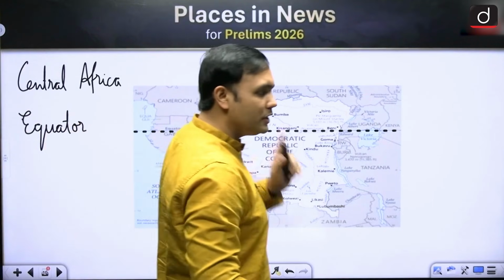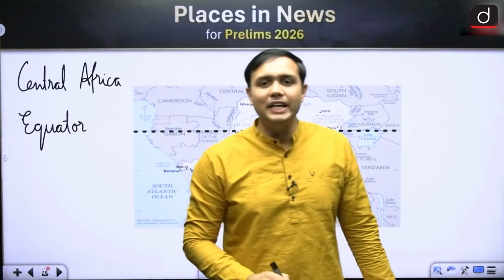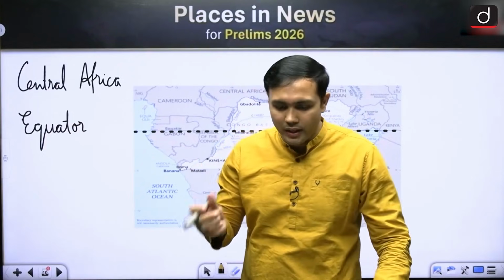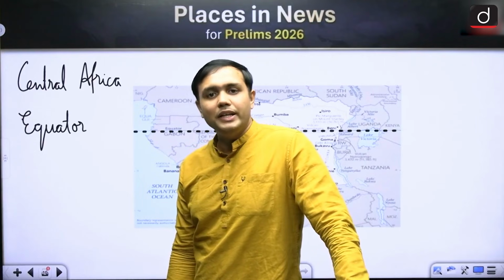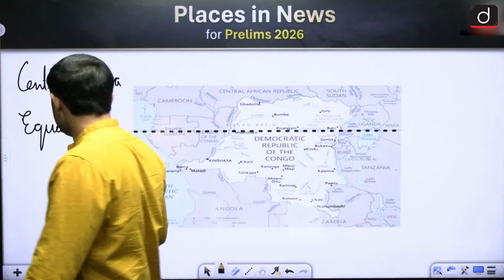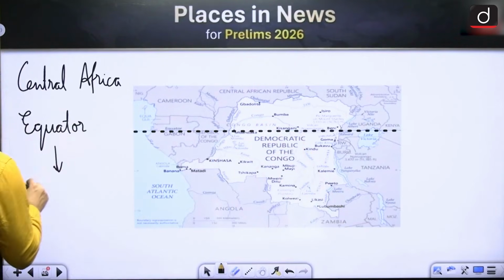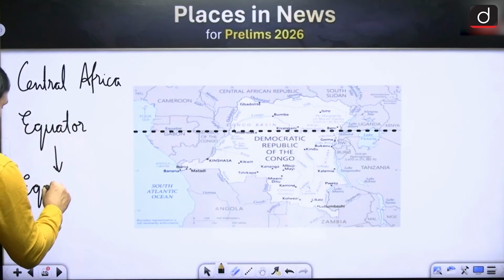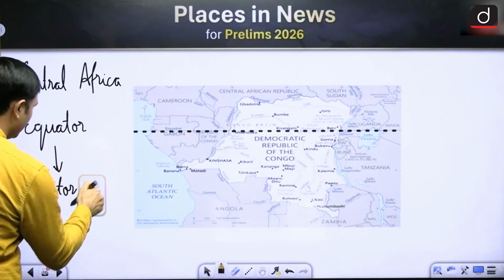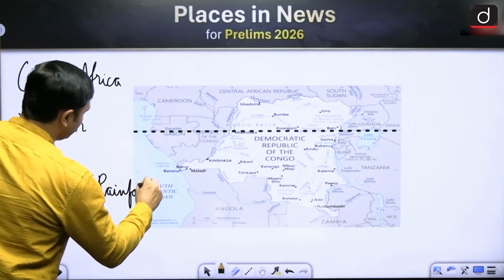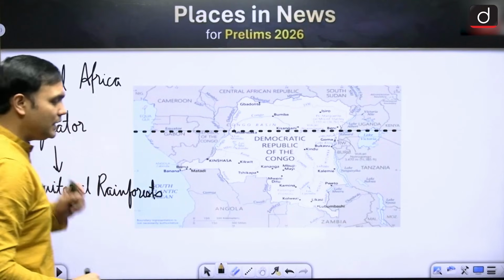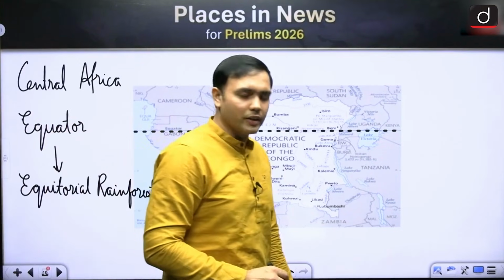Now, if the equator is passing through it, that means it will have an equatorial climate, right? Equatorial rainforests are associated with it. So here there are equatorial rainforests. Now, why is the equatorial rainforest so important here?